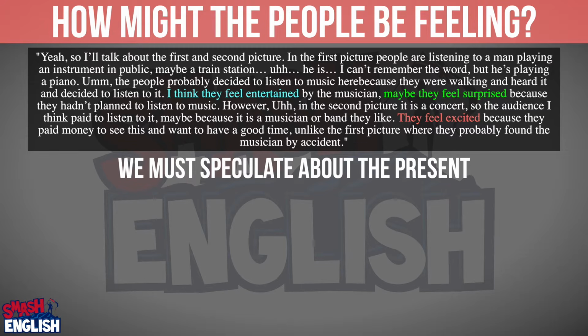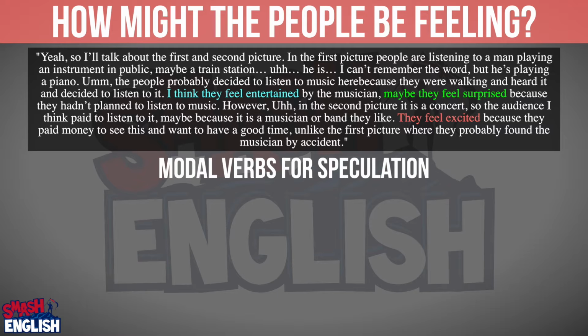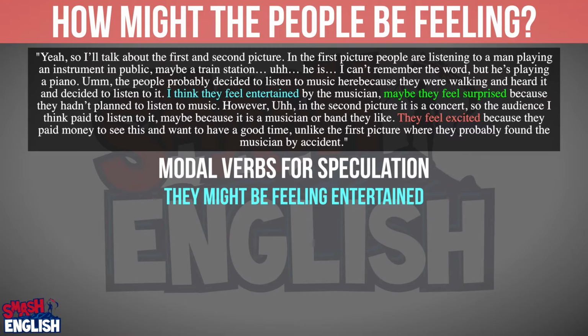Again, these are not terrible sentences, but we can do so much better. We need to use modal verbs to speculate. This means that instead of I think they feel entertained, we should say they might be feeling entertained. Instead of maybe they feel surprised, we should say they could be feeling surprised.